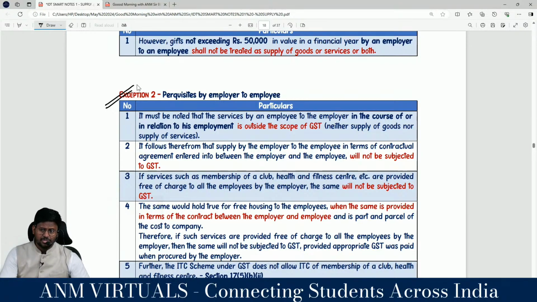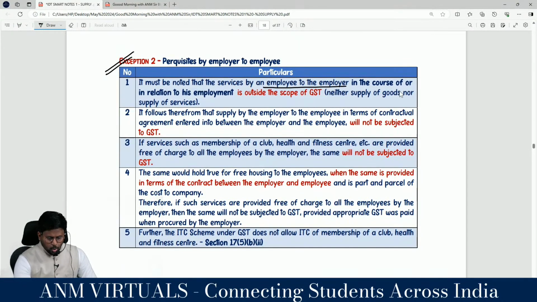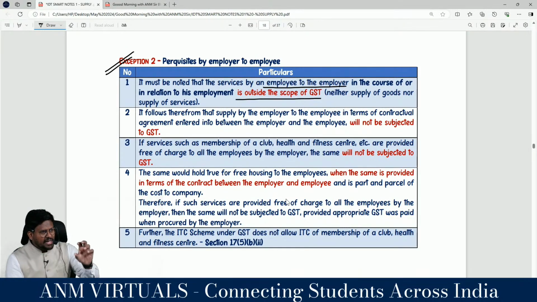So there are two exceptions. It must be noted that service by an employee to the employer, in the course of or in relation to his employment, is outside the scope of GST. If an employee provides service to the employer, it is Schedule 3. But if the employer provides to the employee, it is Schedule 1.